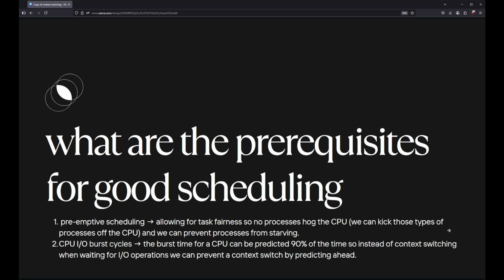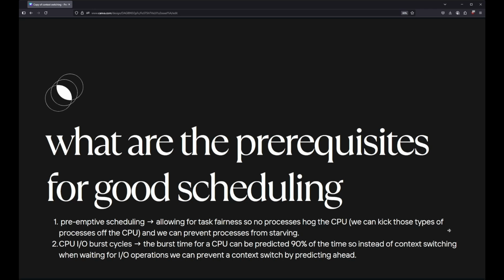So, first of all, preemptive scheduling. Like we mentioned before, preemption is the way of processes being able to be relinquished off the CPU, and the OS will gain back control. Like I said before, it will allow for task fairness.